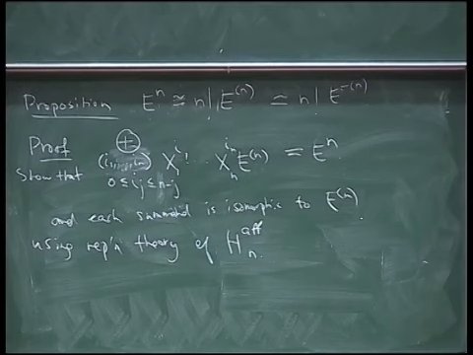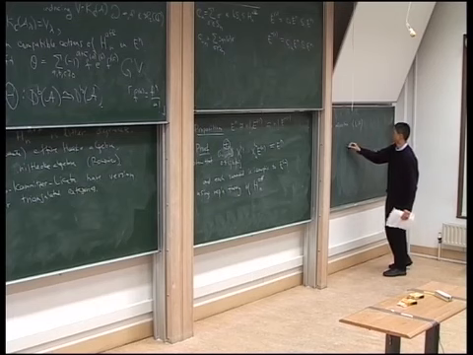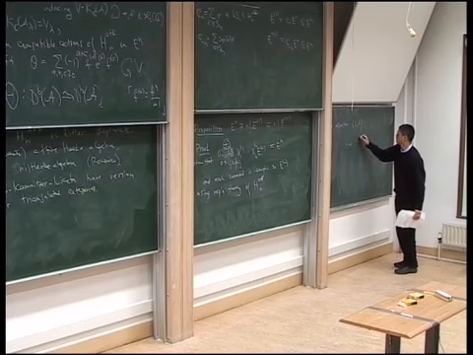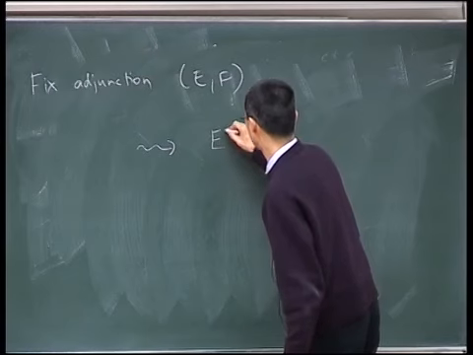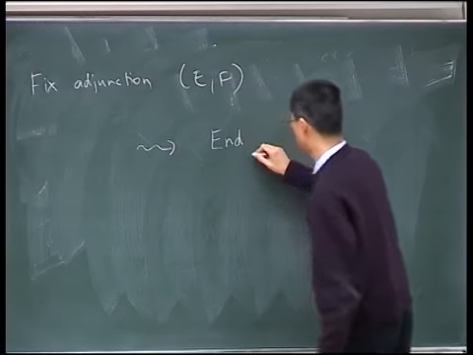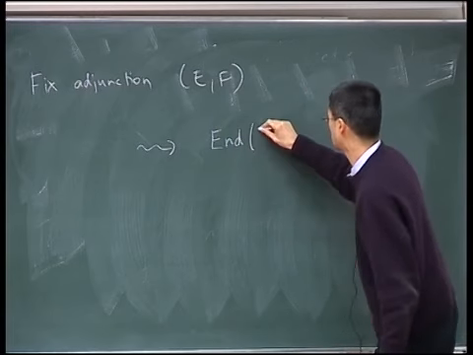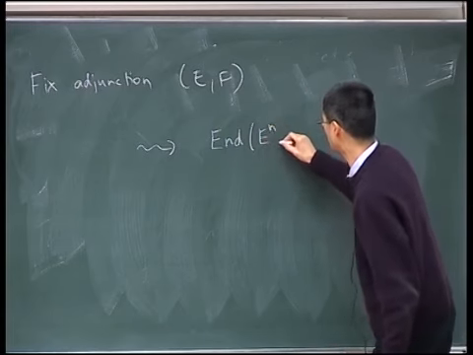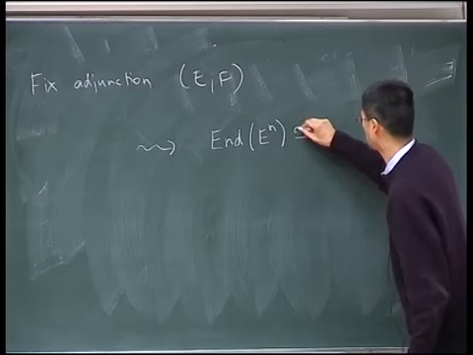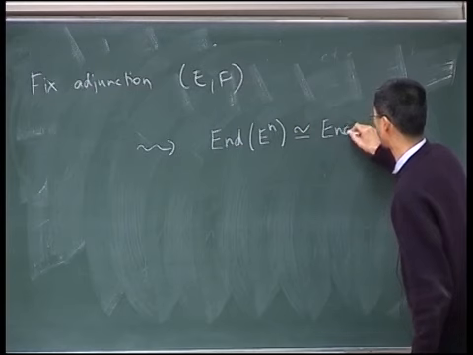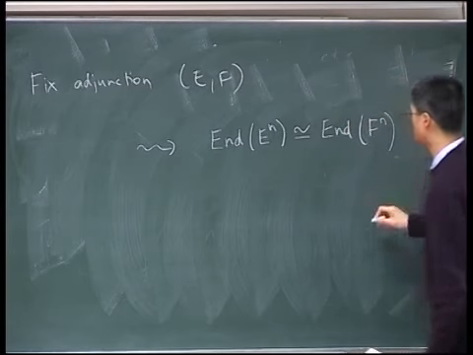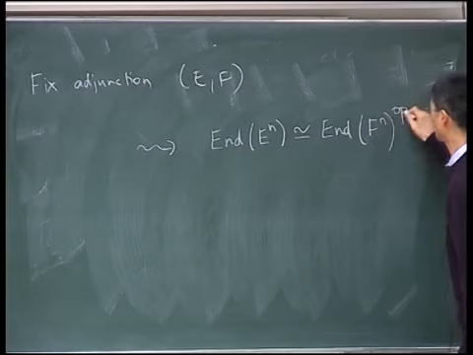So if we fix some adjunction between e and f, then that gives me an isomorphism between the endomorphism ring of natural transformations of e to itself, or even e to the n to itself, with the corresponding endomorphism ring for the adjoint, up to changing the order of the multiplication.